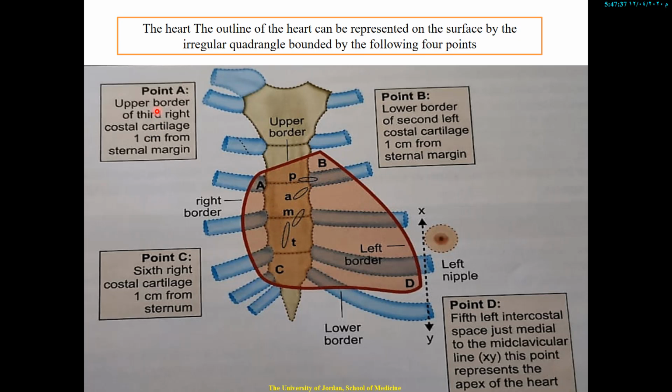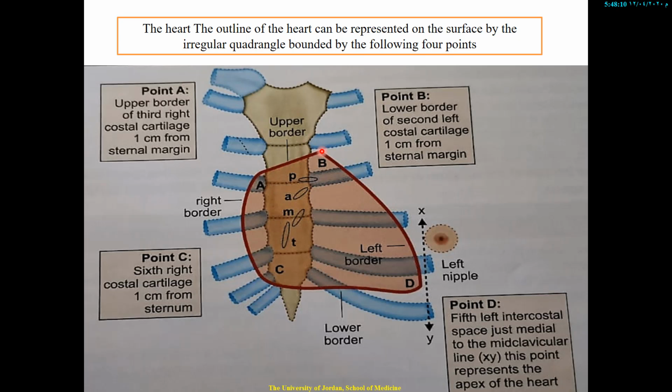Point A is the upper border of the third right costal cartilage, 1 centimeter from the sternal border, or the lateral border of the sternum. And point B is the lower border of the second left costal cartilage, also 1 centimeter from the sternal margin.